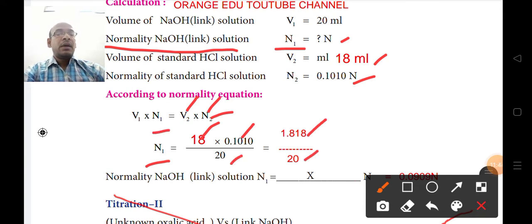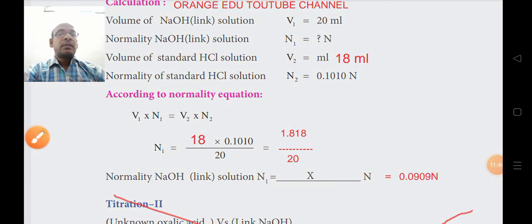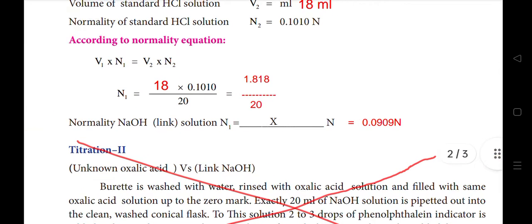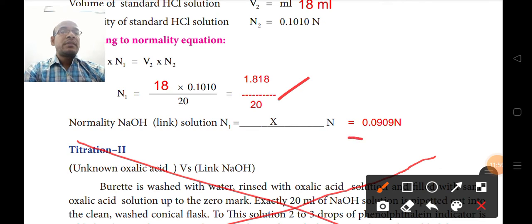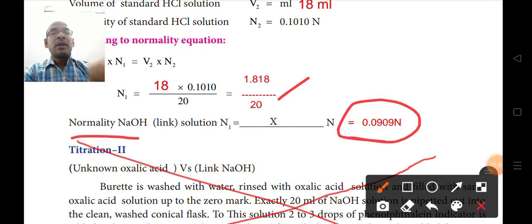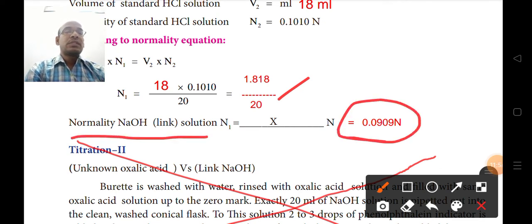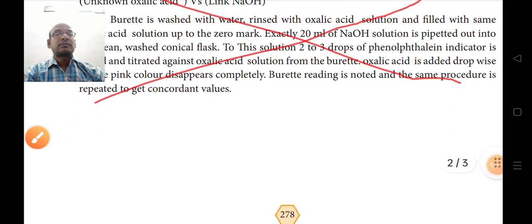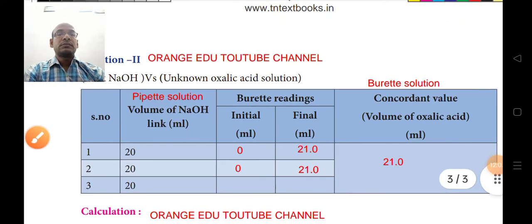After this calculation, we get the normality of NaOH link solution as 0.0909 N.